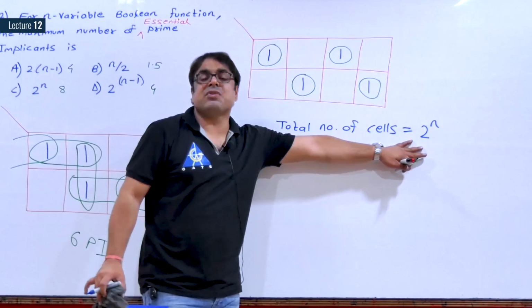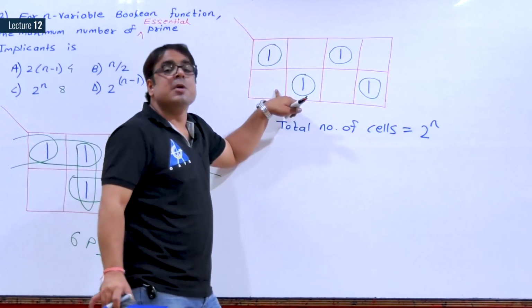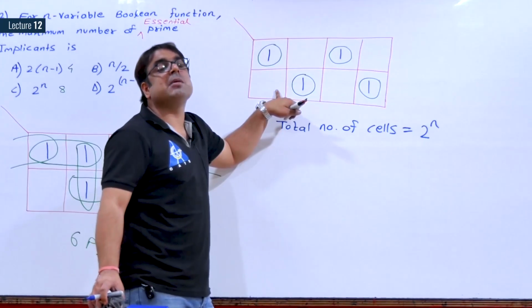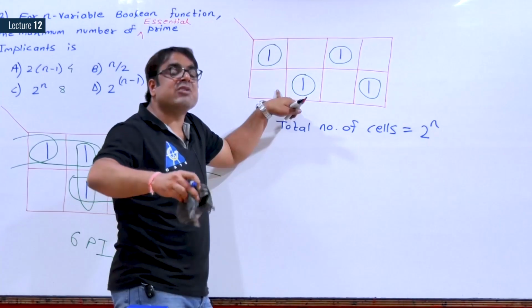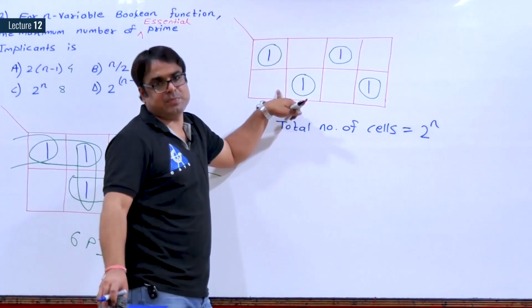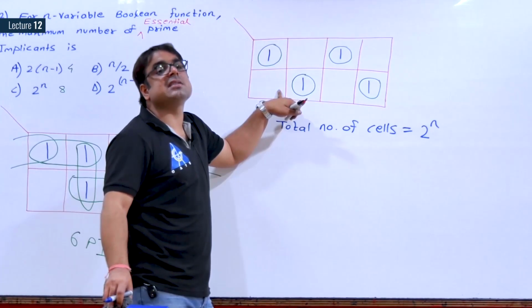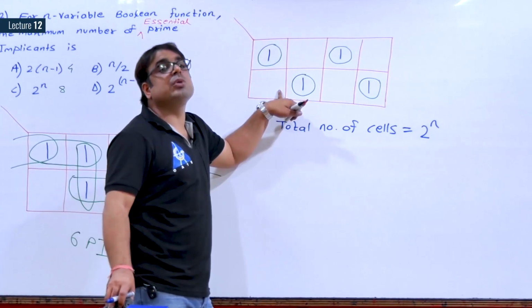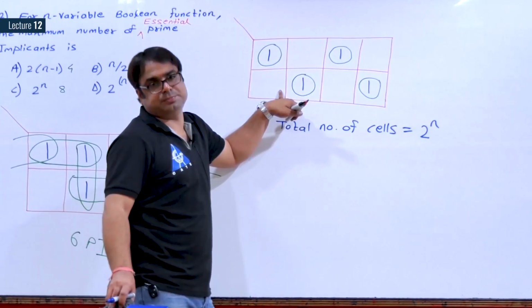To have maximum number of essential prime implicants, you can fill every alternate cell.